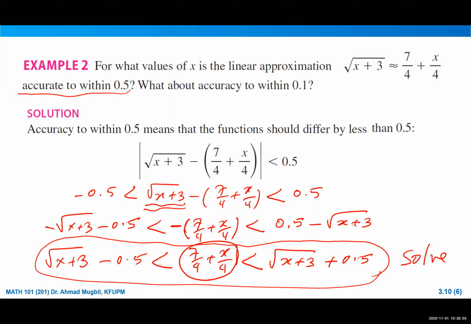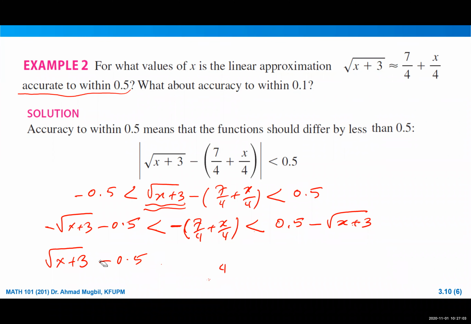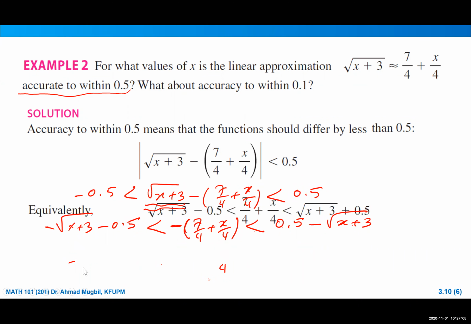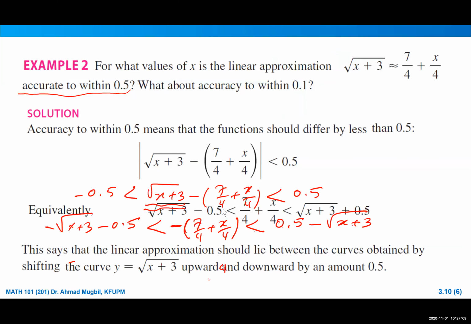How to solve such questions graphically will not be given to you in any quiz or exam, but it is important for you to have an idea about that. So how to solve this graphically, shabab? You need to use a computer graphing tool to sketch these 3 graphs. What are the 3 graphs that you will sketch?